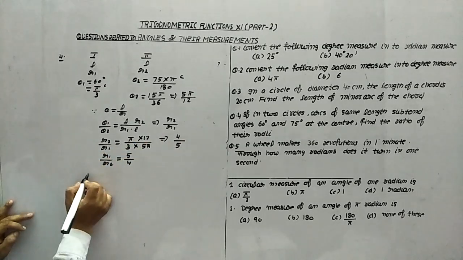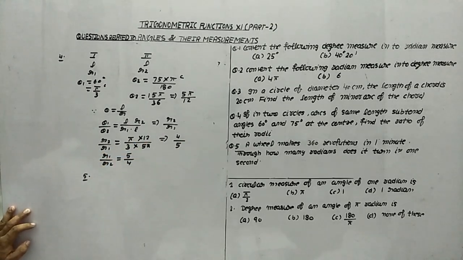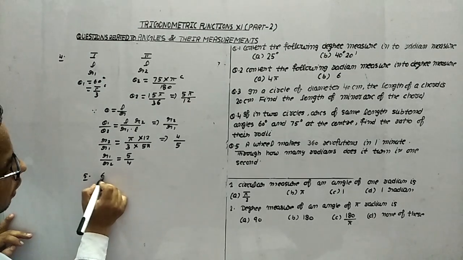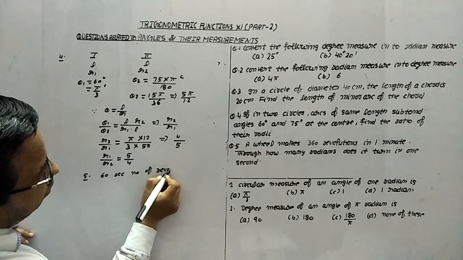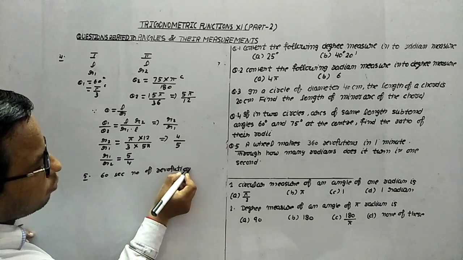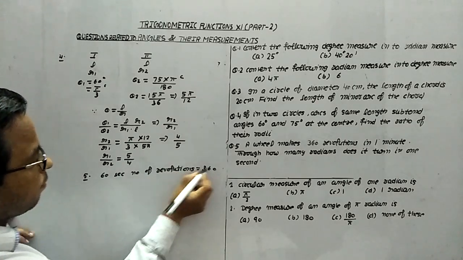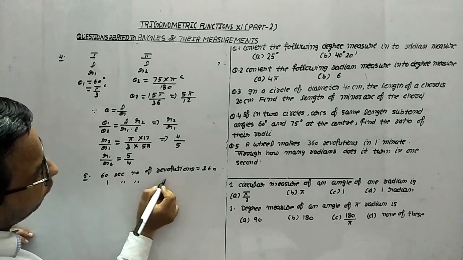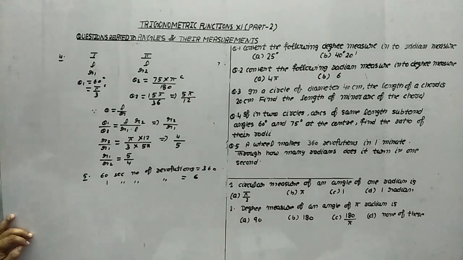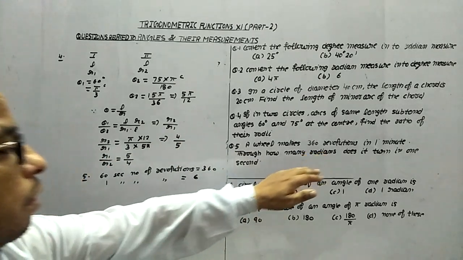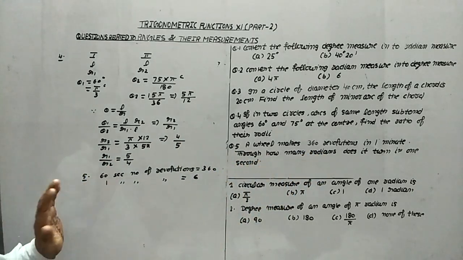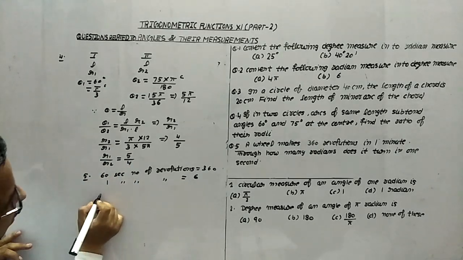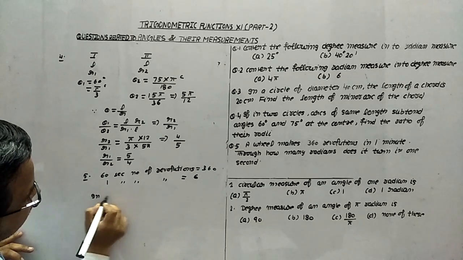Now the next question: a wheel makes 360 revolutions in 1 minute. So in 60 seconds, number of revolutions is equal to 360. It means in 1 second, number of revolutions is equal to 6, because we have to find out through how many radians it turns in 1 second. So first of all, we will get the number of revolutions in 1 second.